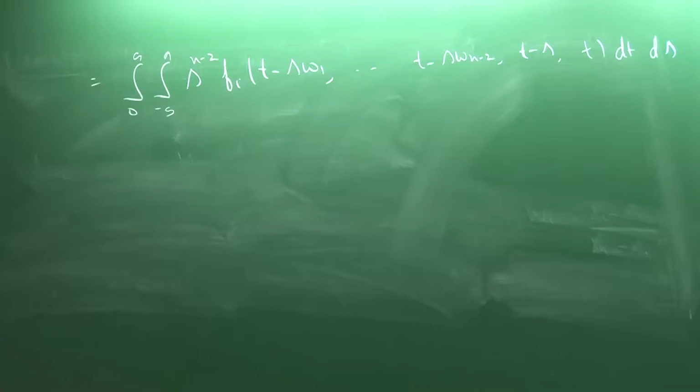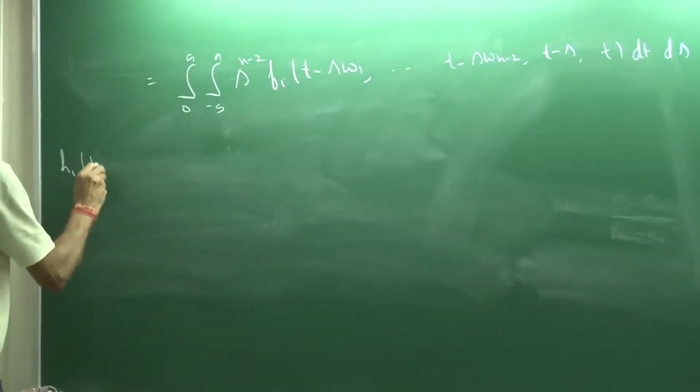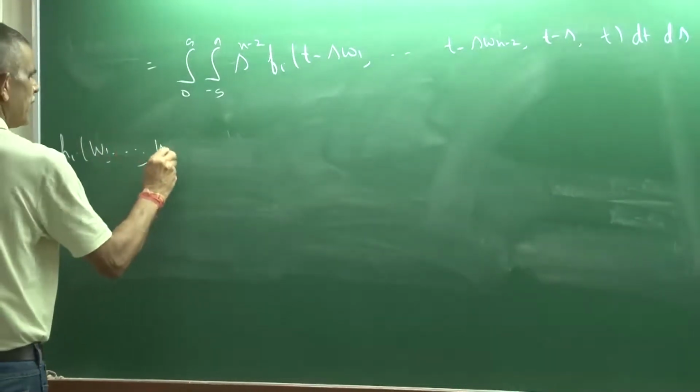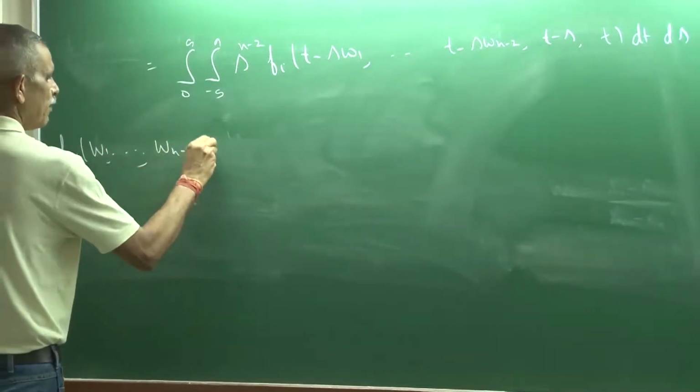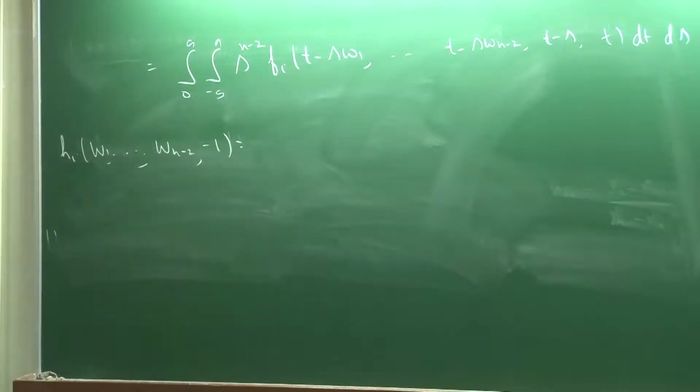Right? So what I do is I write down what is psi of W1, W2, Wn minus 2 and minus 1, in terms of random variables.